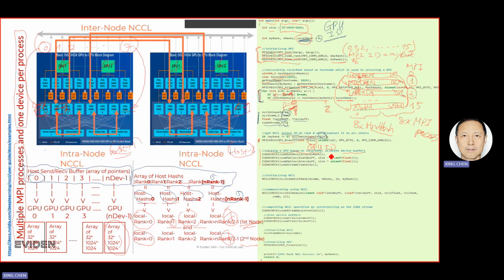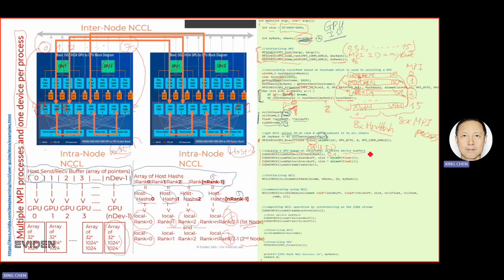The first one is going to work with GPU 0, but this GPU is in host 1, and the second MPI process is going to work with GPU 1, in the first host, and so on.